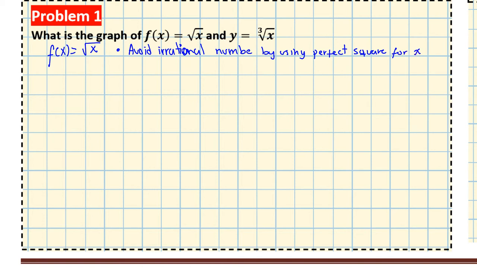And the second rule is avoid negative radicals by only using positive numbers.